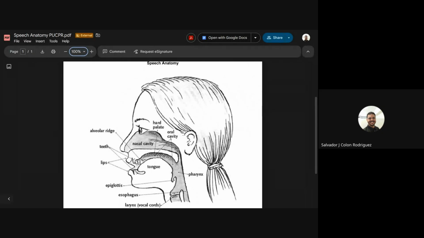So here you have the head of a person, in this case a woman, and notice that you have many words signaling different aspects of our anatomy. Sometimes I like to tell my students that it's kind of weird because we are this complicated being, and we have all of this inside our head and inside our body.